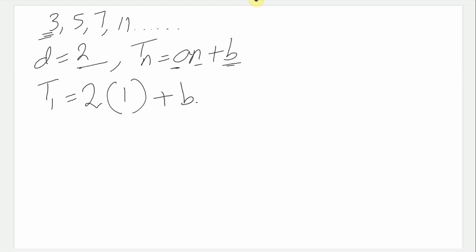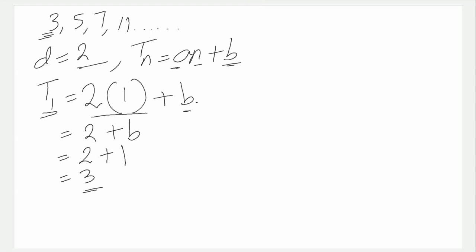I need to find that number here, which is b, that I will add with this product to get 3. So I know 2 multiplied by 1 is 2, and then plus b. So if you are reasoning properly, then you will see that to get 3, you need to add 1. So you have 2 plus 1, and then that will give you 3, and then 3 is our first term.